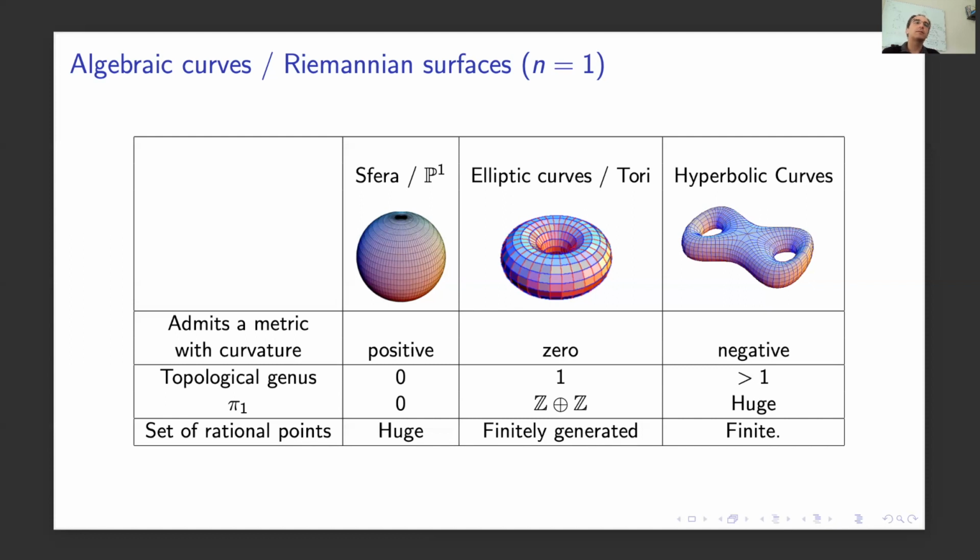For example, we might be interested in the group of automorphisms of these algebraic curves, and this is somehow related to the dynamics of the variety. In the case of the sphere, the automorphism group is very large, it's very big. In the case of hyperbolic curves, it's always finite, very often it's trivial.